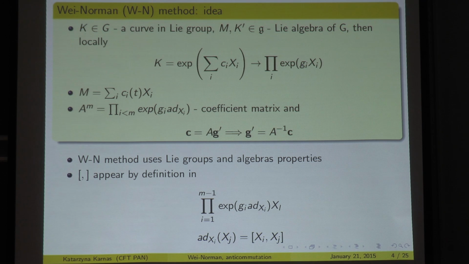At first, they assumed that the solution K is a curve in a Lie group denoted by G. So the derivative of K is an element of the Lie algebra of the Lie group G, and also M is an element of the Lie algebra, where M is a linear superposition of basis vectors of the Lie algebra.